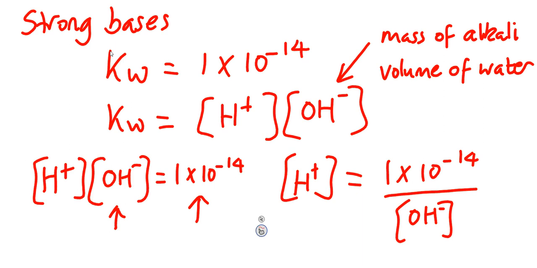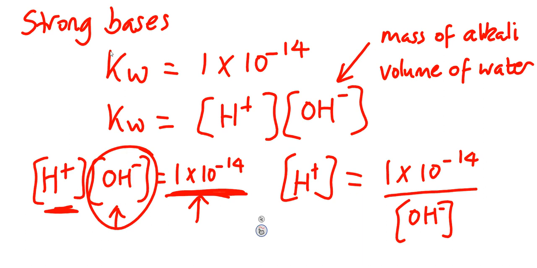Again, what they could do to make it even more complex still is they could tell you the pH of the alkali. And from the pH of the alkali, you can work out the concentration of hydrogen ions. If you know the concentration of hydrogen ions and you know the ionic product of water, you can then work out the concentration of hydroxide ions.